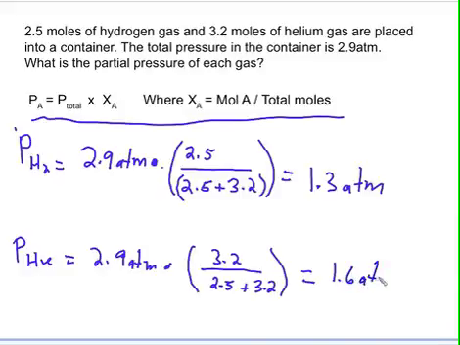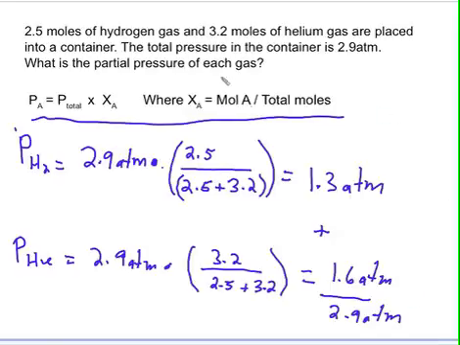Now one thing that I always do at the end when you're trying to do one of these is, according to Dalton's law of partial pressures, the partial pressure of each gas in a container adds up to the total. So 1.3 plus 1.6, does that equal 2.9? If you add them together, it does equal 2.9 atmospheres.